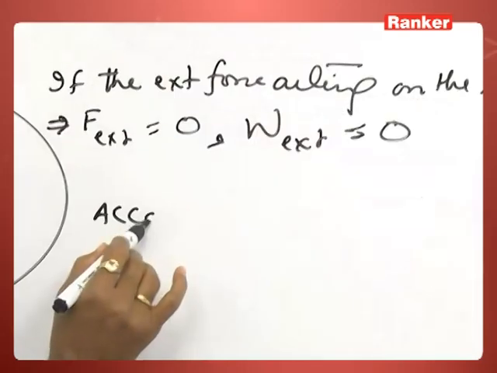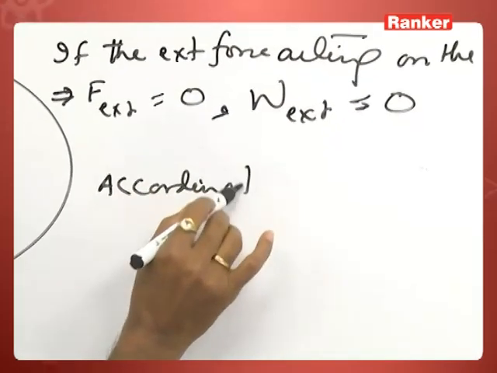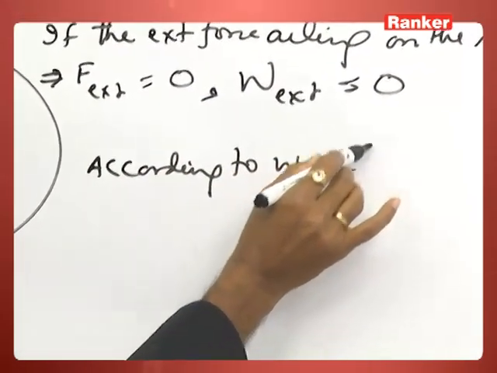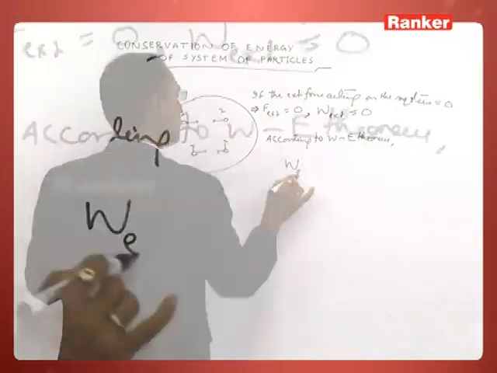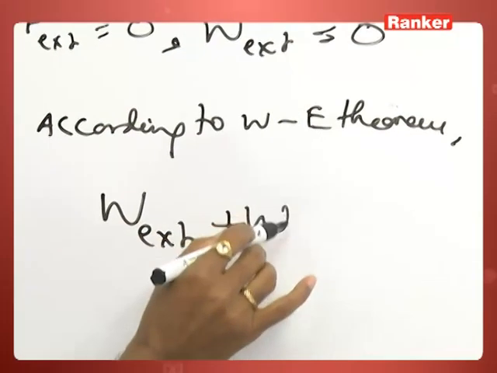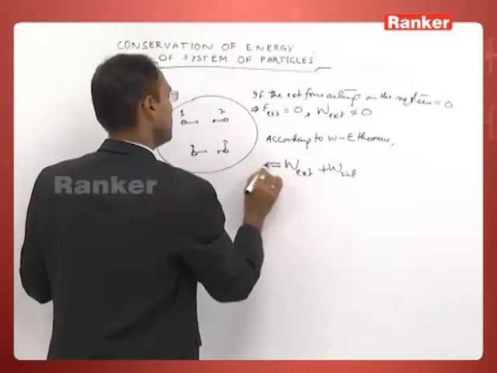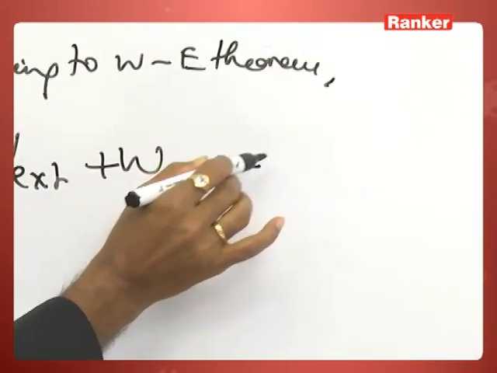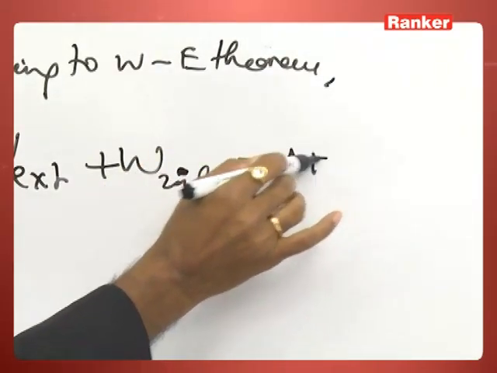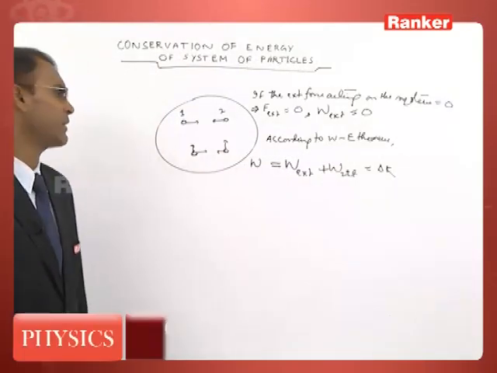According to the work energy theorem, work done by the external force plus work done by the internal forces, that is the net work done, is equal to change in kinetic energy of the system of particles.